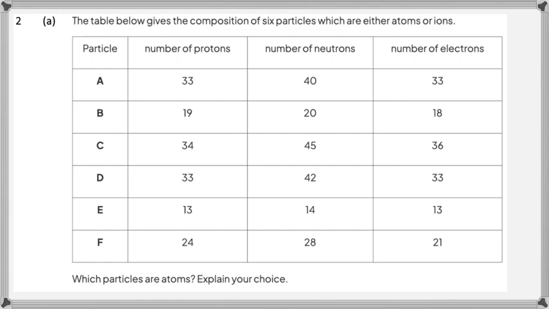Now we know by definition, atoms have the same number of protons and electrons because they are electrically neutral. That's the explanation that we can give here. Looking at all the given particles, particle A has 33 protons and 33 electrons as well.